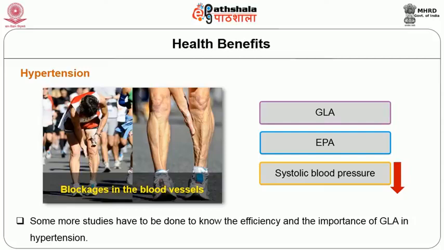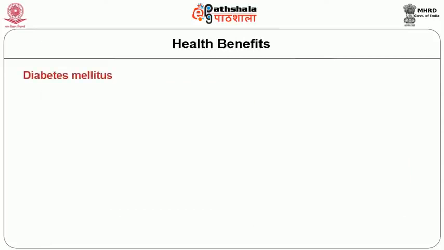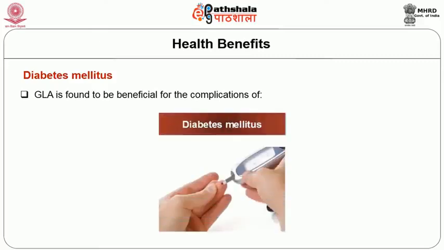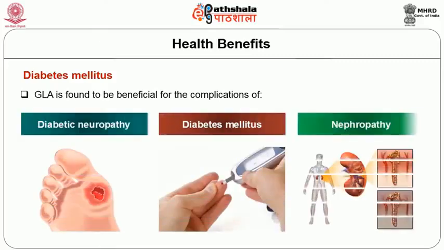Some more studies have to be done to know the efficiency and importance of gamma-linolenic acid in hypertension. Diabetes mellitus is also very rampant in this country. People are predicting that India is going to be the world capital for diabetes. Therefore, diet and physical activity are very important to control this non-communicable disease. GLA has a role in managing diabetes. Gamma-linolenic acid is found to be beneficial for complications of diabetes mellitus like diabetic neuropathy and nephropathy.